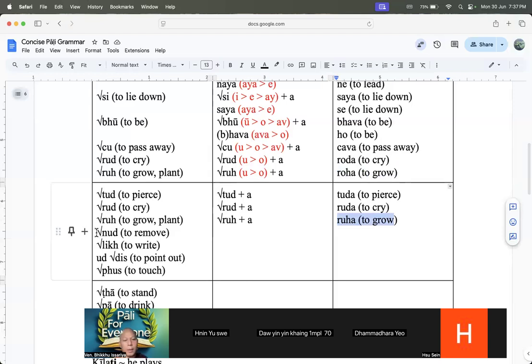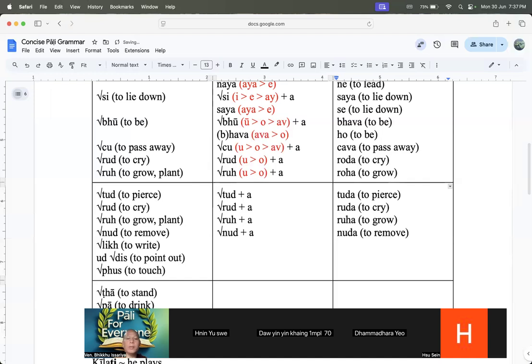And then the other one like nudati. Okay, so root nud and the a, just nuda with the a sign. So to remove.